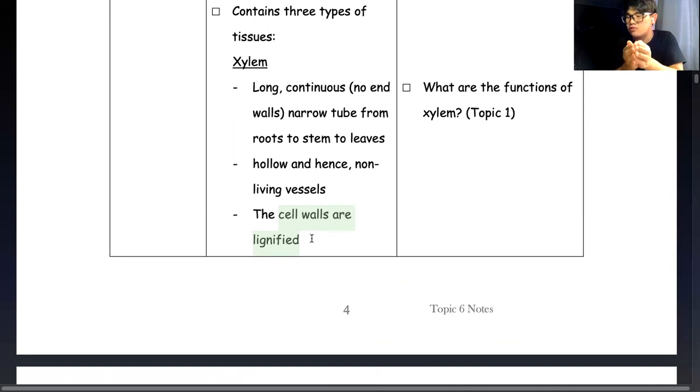Okay, so kami tidak mau straw arah xylem terkemut. So apa kami buat? Kami bagi lignin, kami bagi semen supaya straw-nya tu macam straw semen. Kalau straw semen kamu sedut, tidak terkemut. Same thing. Okay, so if you still struggle to remember, go back to topic 1, specialized tissues, go to xylem. You can find it.